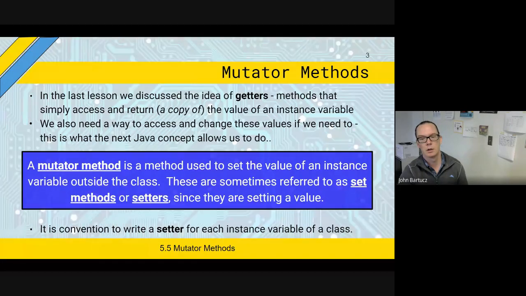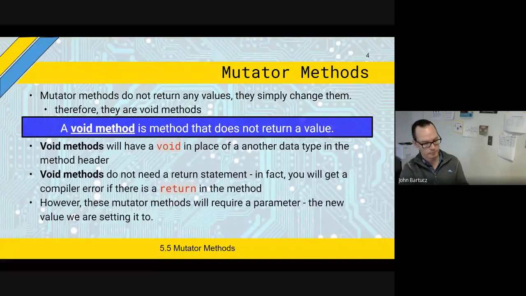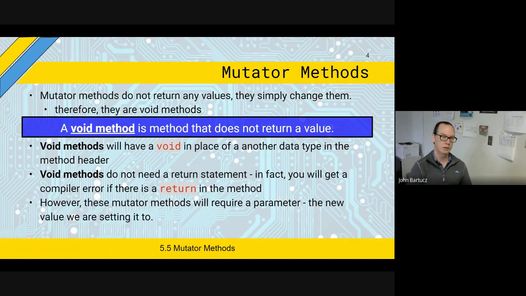The same way we had getBalance, we're going to have setBalance. The biggest difference is you have to send it a value. When you're getting the balance, you don't send it anything. Those parentheses were empty. But when you're setting the balance, you need to send it the balance that you want it to be.